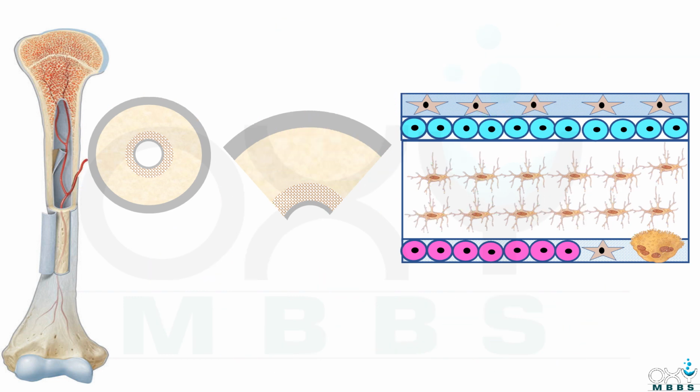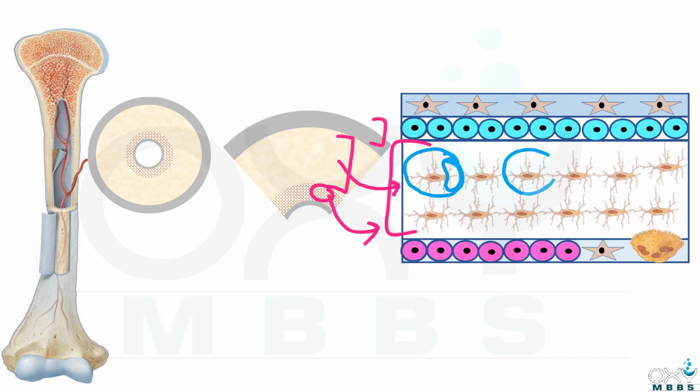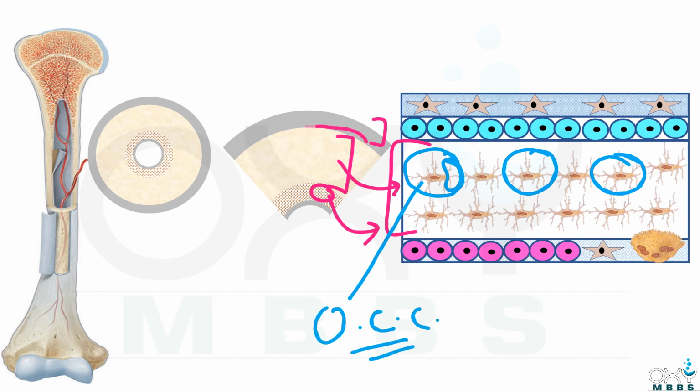Now after the periosteum, this is the part which is going to form compact bone tissue and also spongy bone tissue. As you all know, these cells which have projections are osteocytes. Friends, we will discuss this part later on in this video.